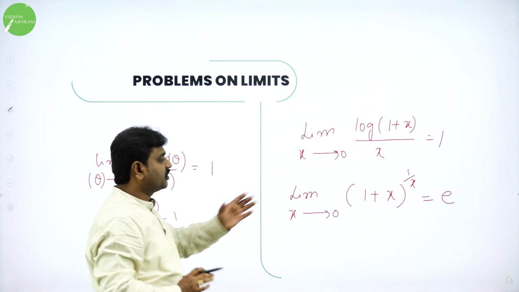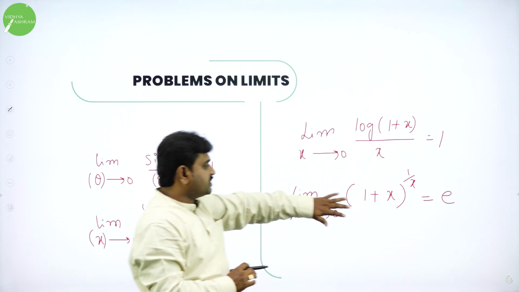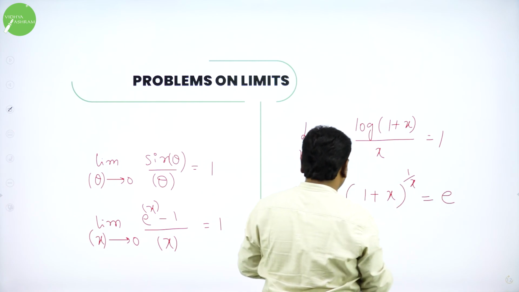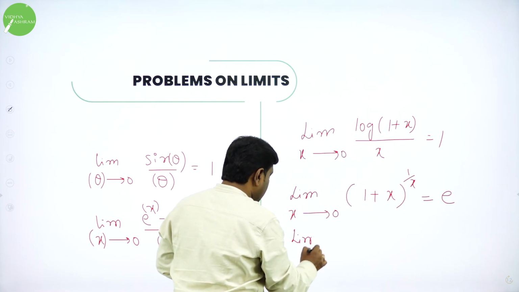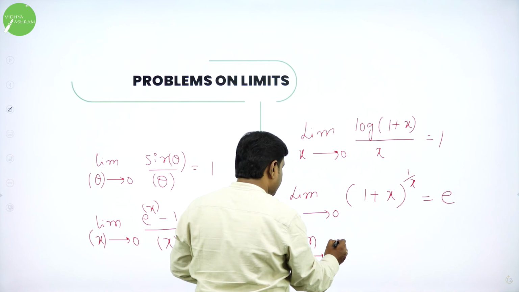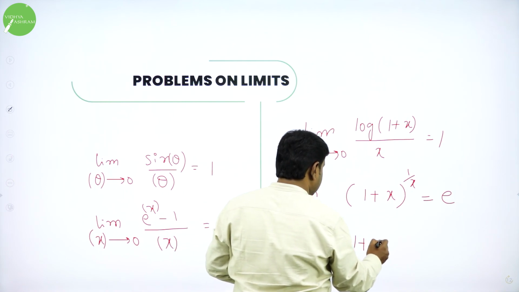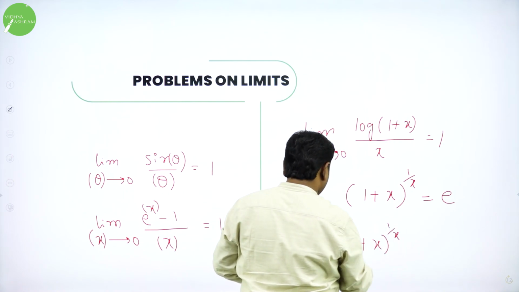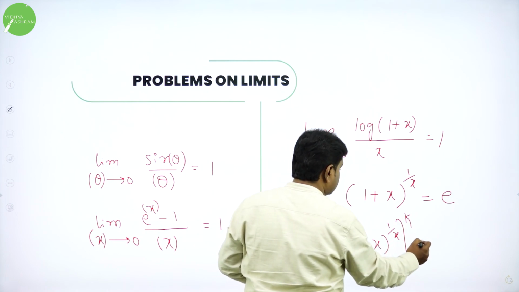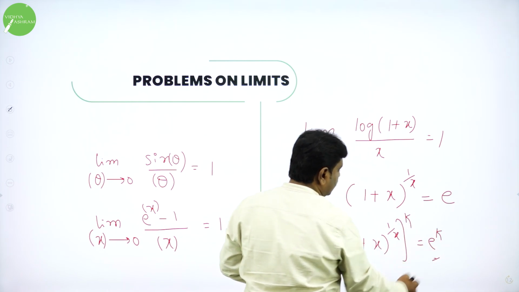So these are the formats we have learned. And when this is e, if you have any power as constant, we have another format, limit x tends to 0, ((1 + x)^(1/x))^k, the answer is e^k. This is what we used.